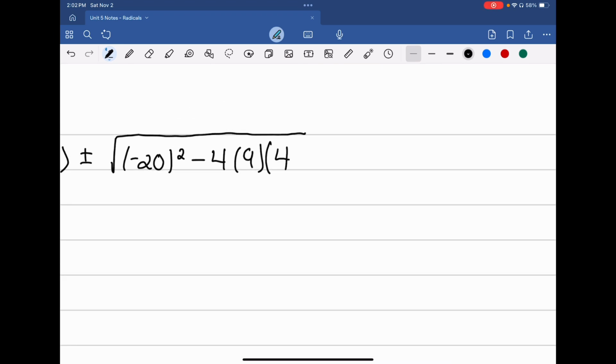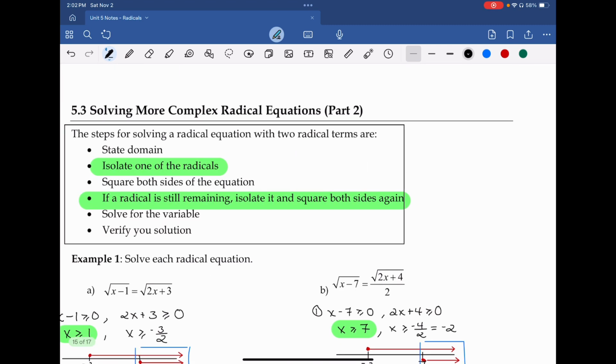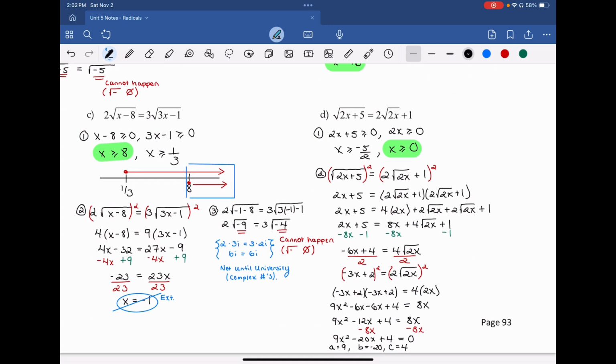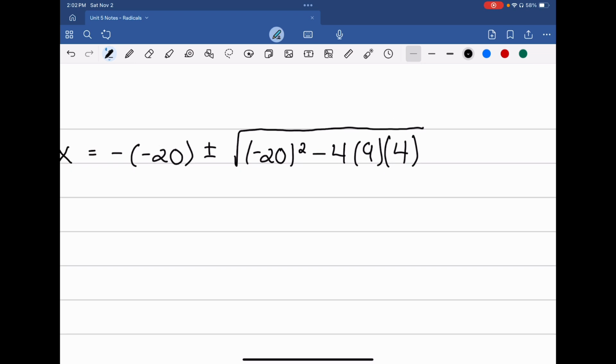So we're going to plug in 4 here, and then I want to close the bracket. I'm just going to double check signs here, making sure that's a positive 4. Yes, positive 4. B was the only negative value.